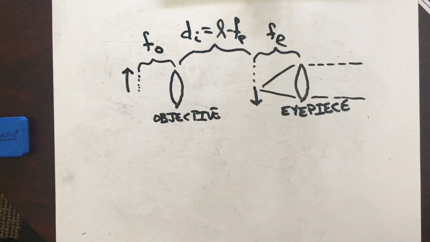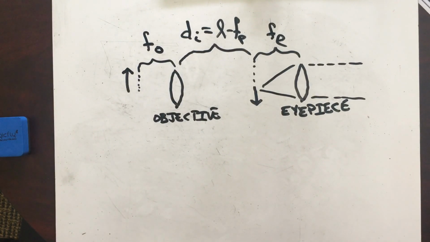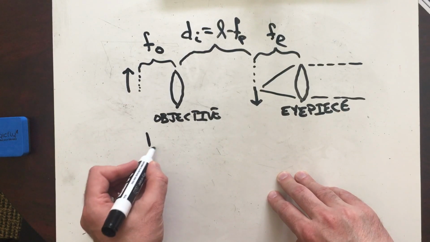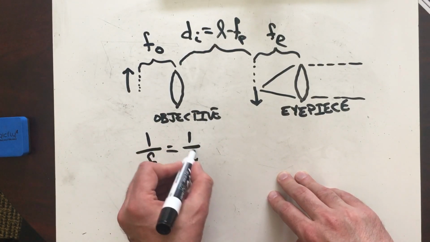The difficult one is determining the focal length of the objective. That is not straightforward, and so I'm going to go over how to get the focal length of the objective. Now, we don't have a lot of options in terms of formulas, and the one that immediately comes to mind, since we are dealing with optics, is to use our optic formula.